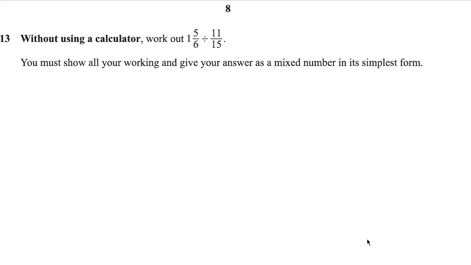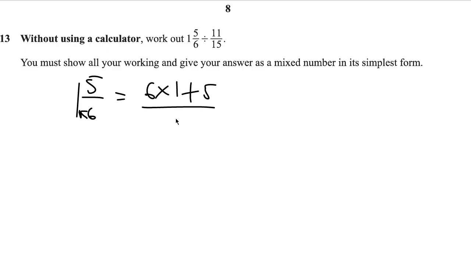Question 13 says, without using a calculator, work out 1 whole 5 over 6 divided by 11 over 15. You must show all workings and give your answer as a mixed number in its simplest form. In the case of 1 whole 5 over 6, we have 6 times 1 plus 5, over 6.